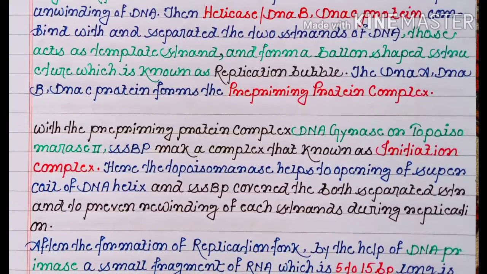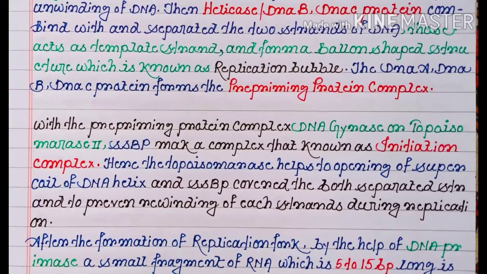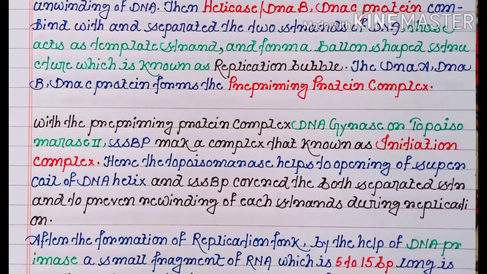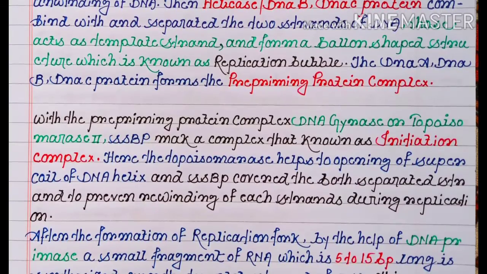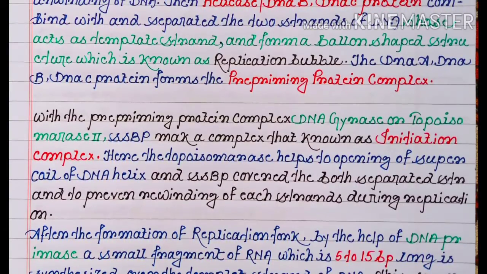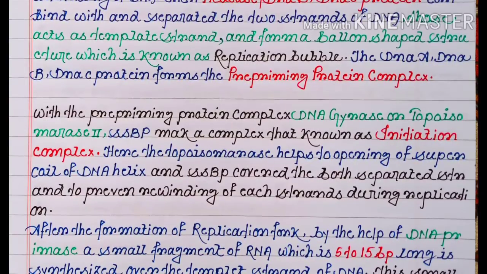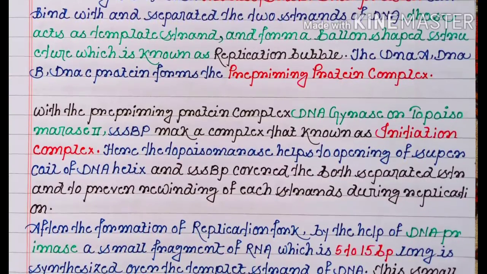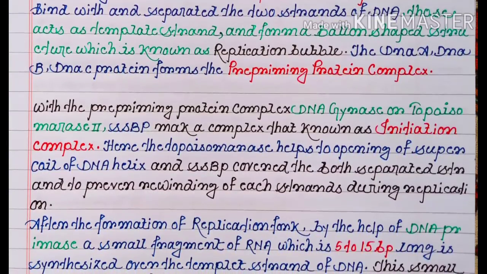Here the topoisomerase helps in opening the supercoil of the DNA helix, and SSBP covers both separated strands to prevent rewinding of each strand during the replication process.